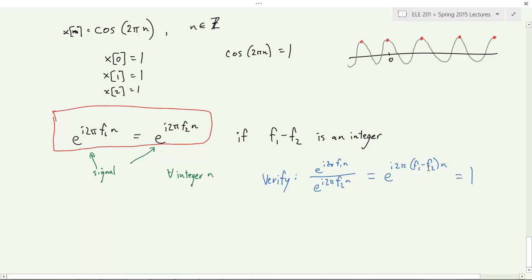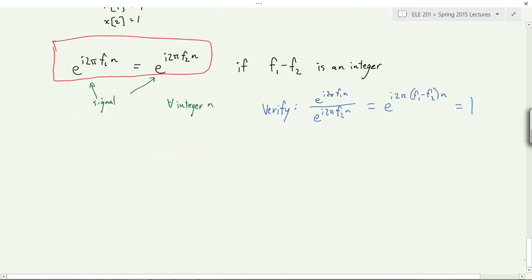What that means is, let's go back to our example above where we had the DFT of the discrete time Fourier series, where we had this signal x.